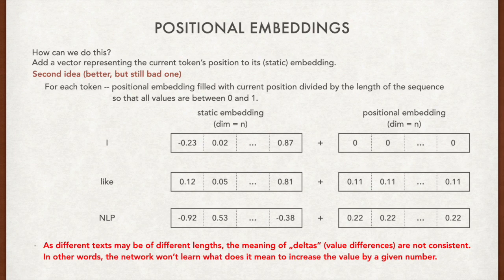Because such basic approaches failed, the authors of the transformer architecture developed an alternative form of representing positional embeddings that will ensure that the values at each position will fall into a given range, and the interpretation of the difference between two values in a positional embedding will be meaningful regardless of the input sequence size.